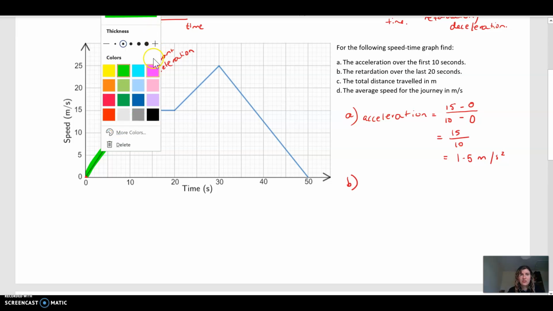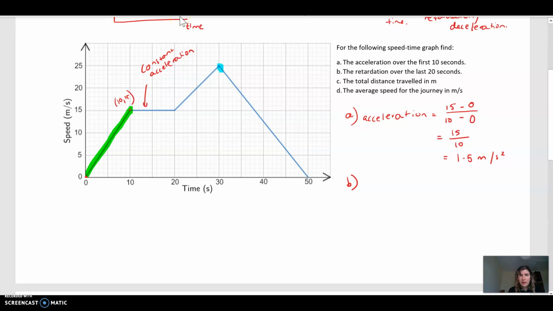Okay, next part, we want to work out the retardation over the last 20 seconds. So again, let's just change that highlighter, make it blue. Okay, so we're looking at this part here. Now this is going to be decreasing, it's going to be negative, because our line's going down. So first thing is we need to look at our coordinates again. So here we've got 30, 25, and then that goes down to 50, 0.